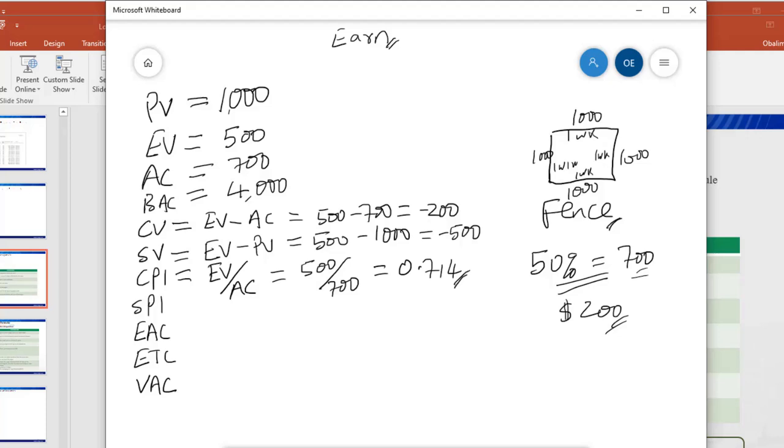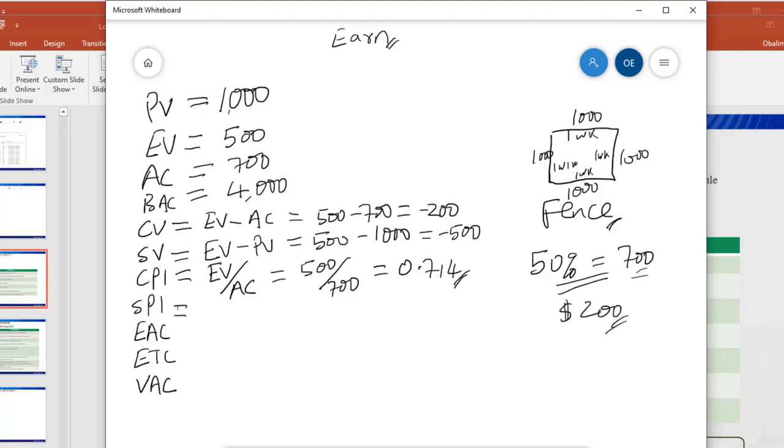It simply means that for every $1 we spent on this project, the value we are getting is about 71 cents. So we're not getting full value for money with regards to this project. That's exactly what this is showing.